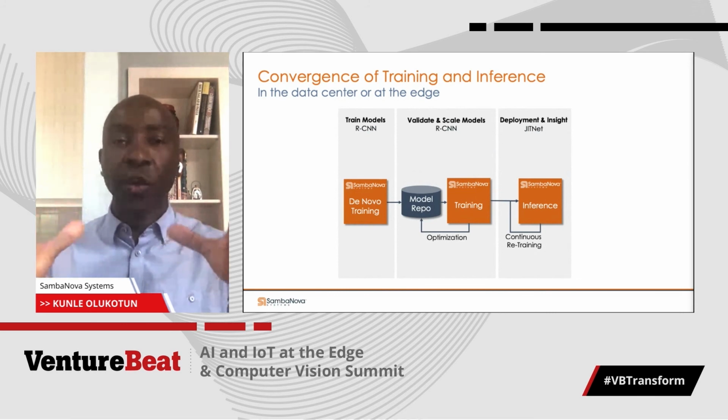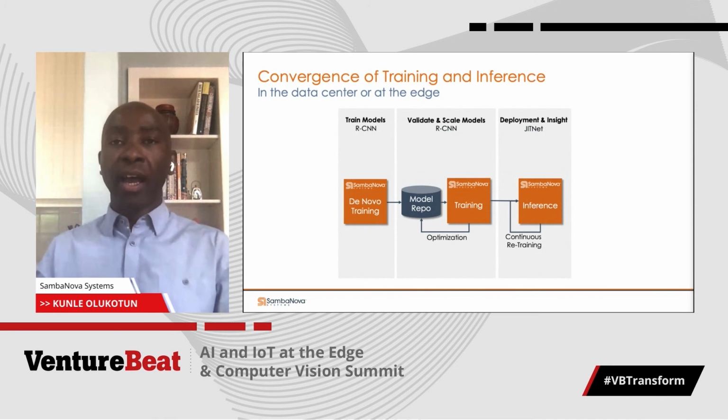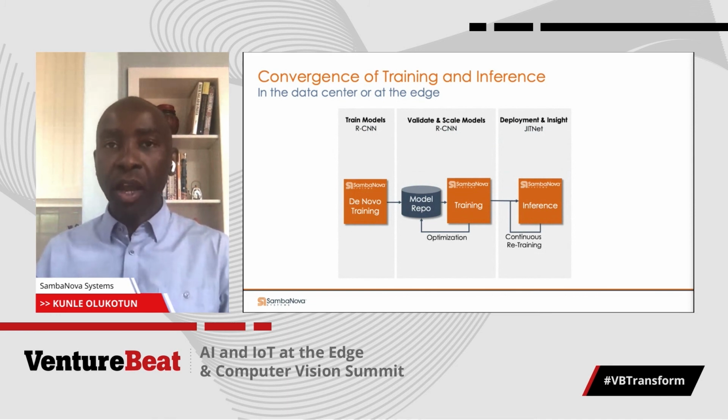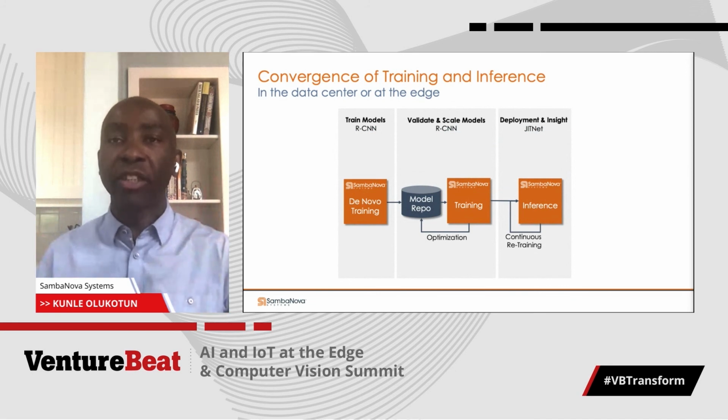So in the data center, you can train the large model from scratch. You can deal with huge amounts of data. You can get very efficient training, and you can build models with very high accuracy.